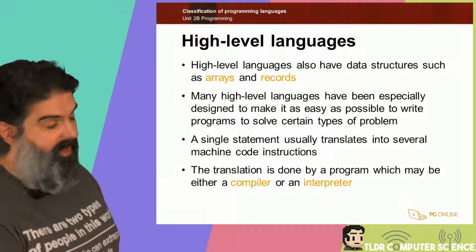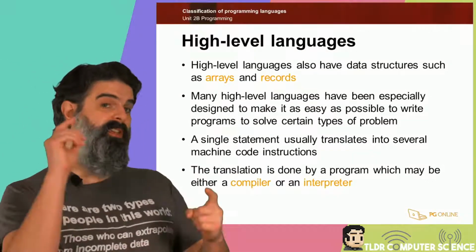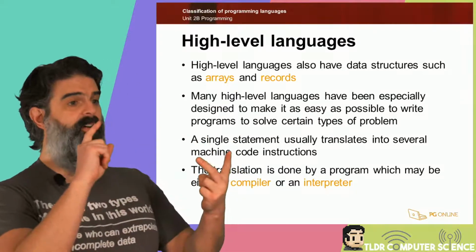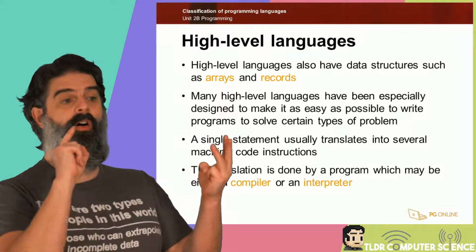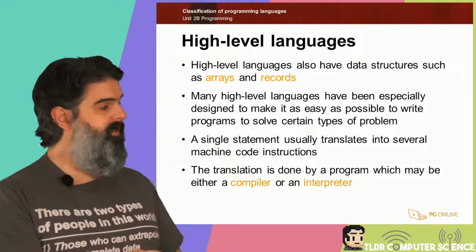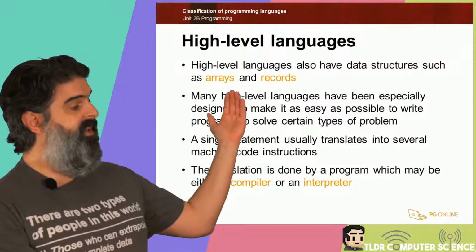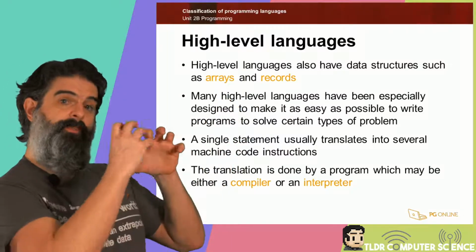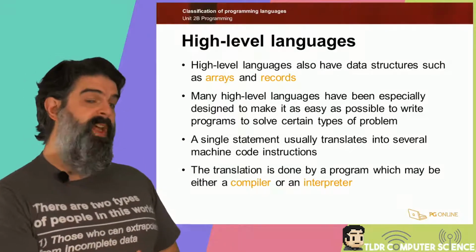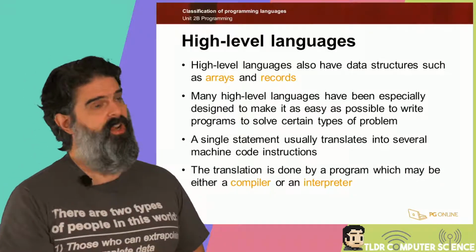Okay, high-level languages. We said that they make use of English, of mathematical functions, of selection and iteration, of and, or, not, so the stuff we've seen, but also they make use of things like arrays, so storing a bunch of things together, and records. There are many high-level languages, like Python, JavaScript, Visual Basic.